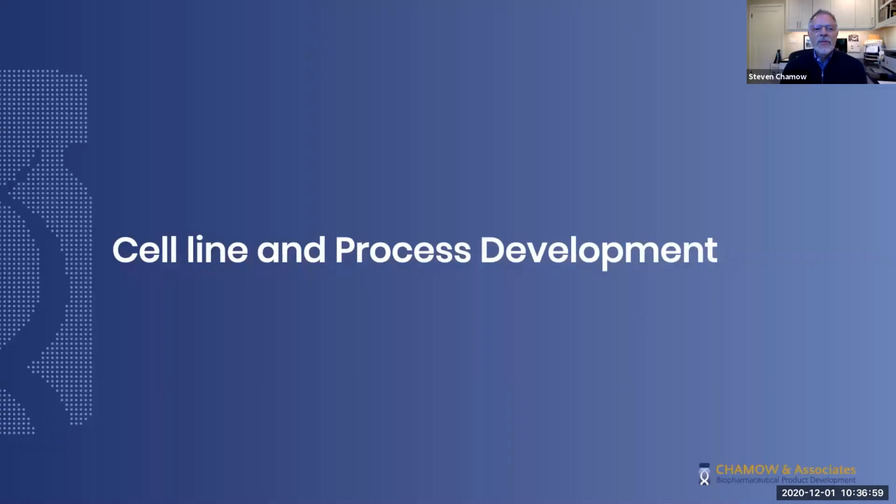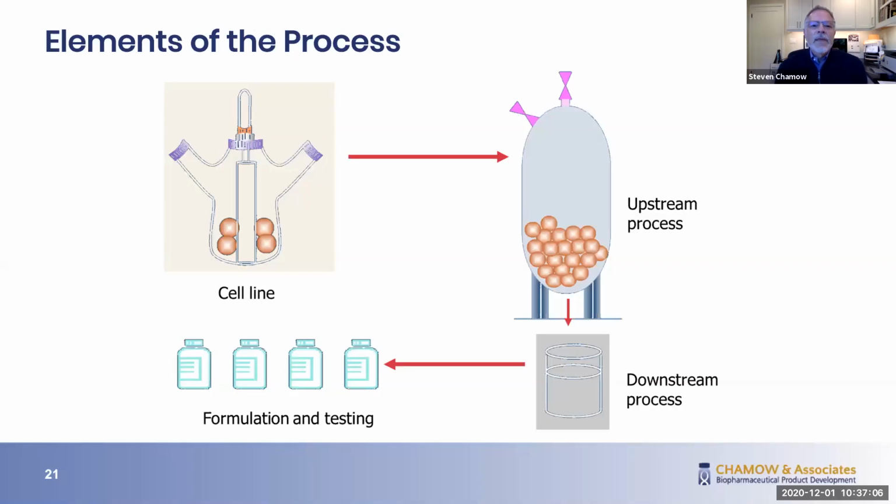Okay, so a little bit about the data that we were able to accomplish in this particular program. The elements of the process, as you all know, we start with a cell line that goes to the upstream process, which is the expansion train through bioreactor production. That goes to the downstream process, purification of the product, and formulation and testing.